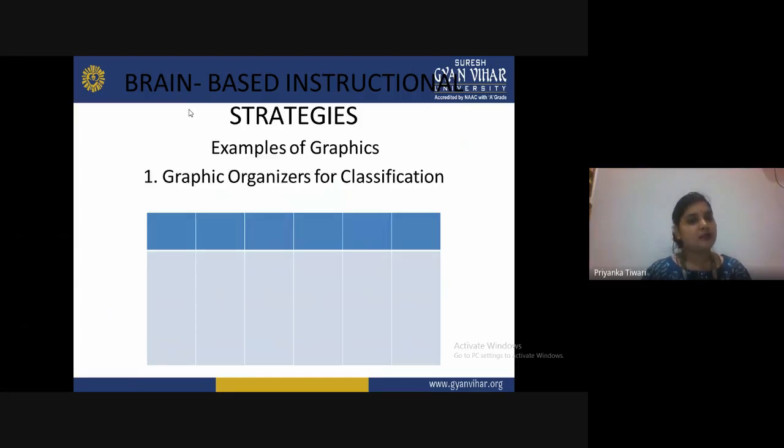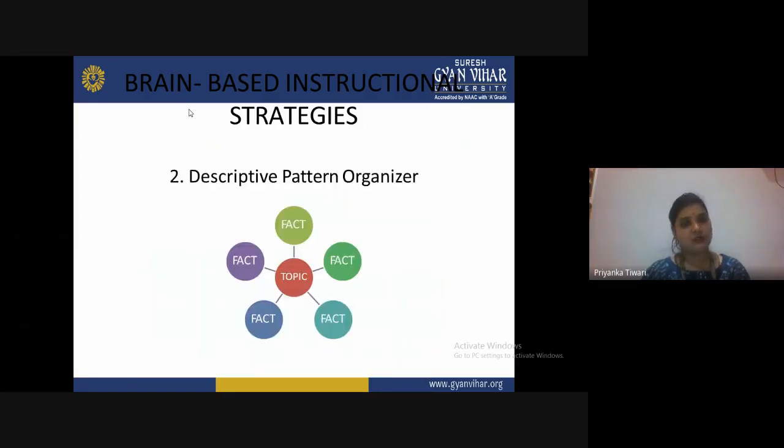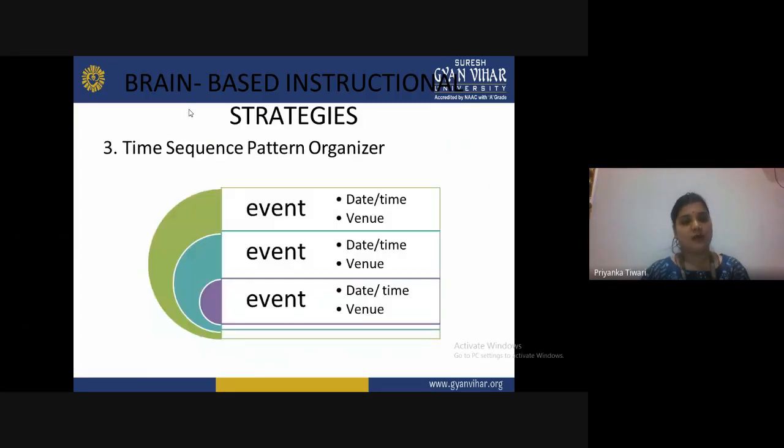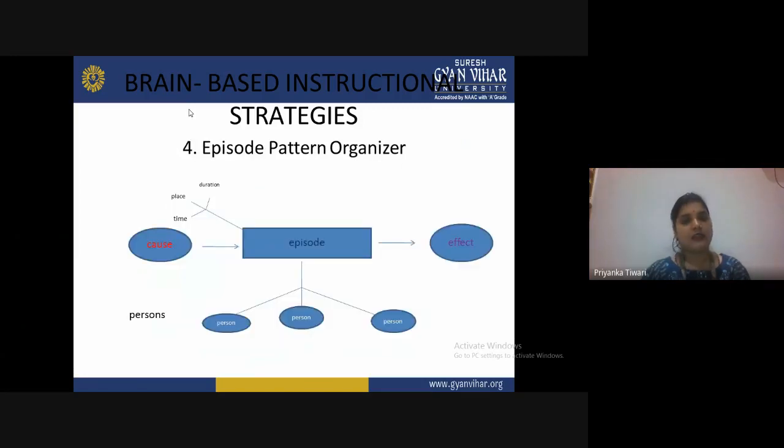Brain-based instructional strategies include graphics and graphic organizers for classification. The descriptive pattern organizer covers facts and topic. For an event, we will discuss the date, venue, and time.